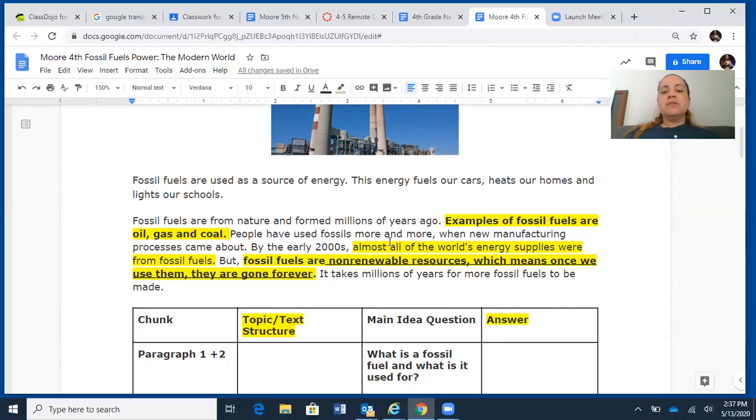People used fossils more and more when new manufacturing processes came about. By the early 2000s, almost all of the world's energy supplies were from fossil fuels. But fossil fuels are non-renewable resources, which means once we use them, they are gone forever. We knew that already. It takes millions of years for more fossil fuels to be made.